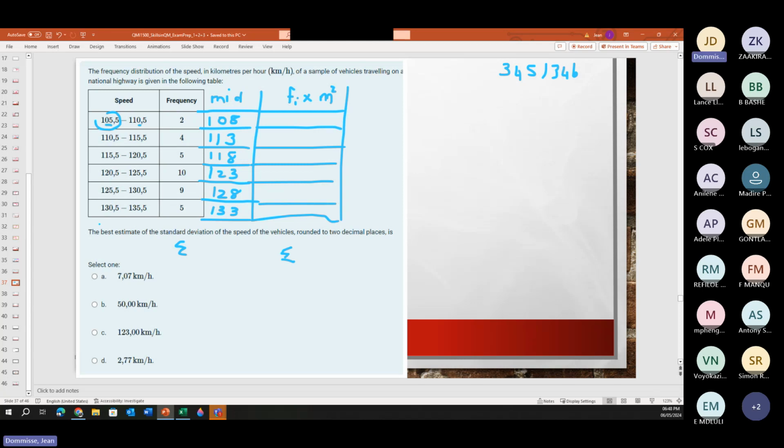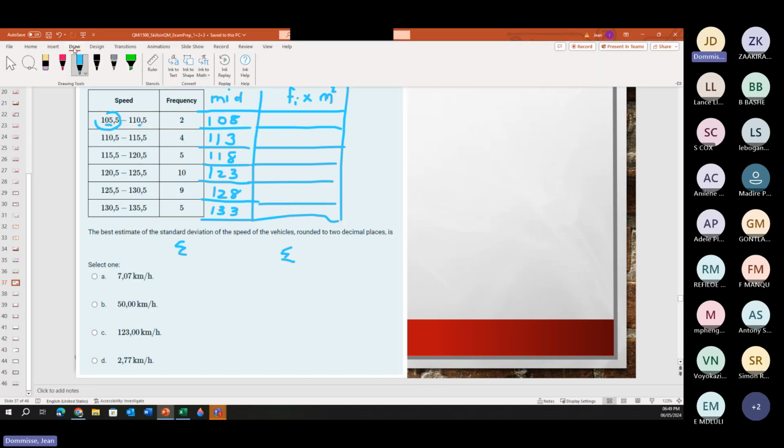Okay, so to work out the sum of the frequencies, we just needed to add all of those.